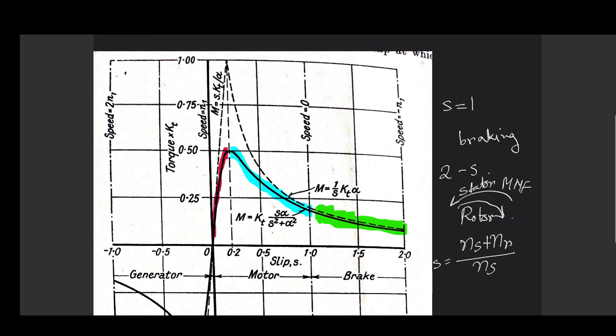So if we apply the same analogy, we get the slip value here. This is popularly known as backward slip. Backward slip is 2 minus SF.